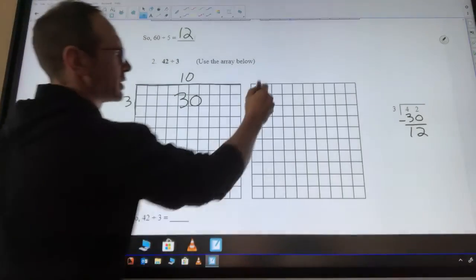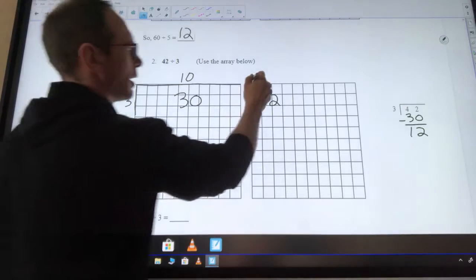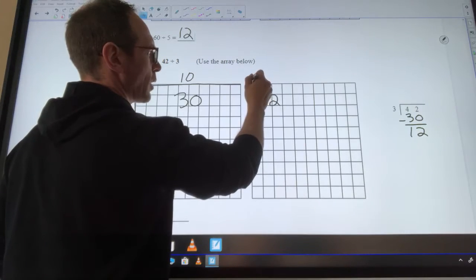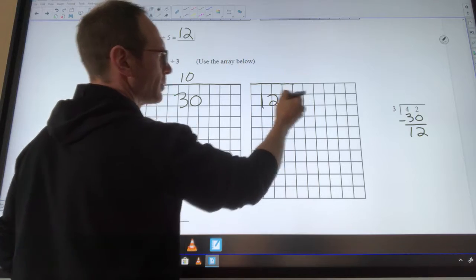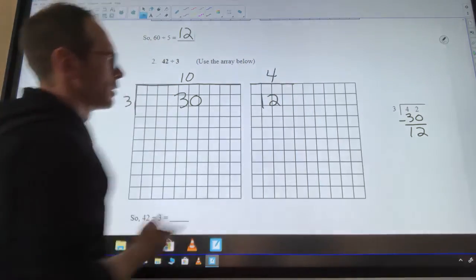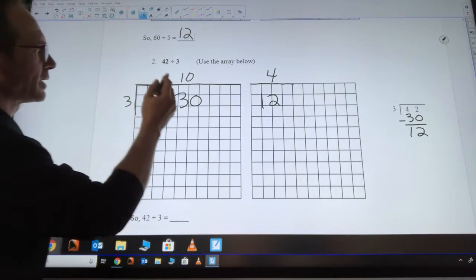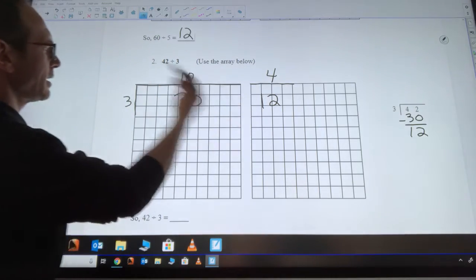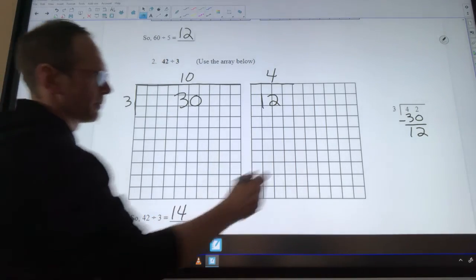So now my question really is 12 divided by 3. How many 3's does it take to get to 12? Well, that's 3, 6, 9, 12. That's 4 more 3's to get to 12. So it would take me 14 times 3 to get to 42. 14.